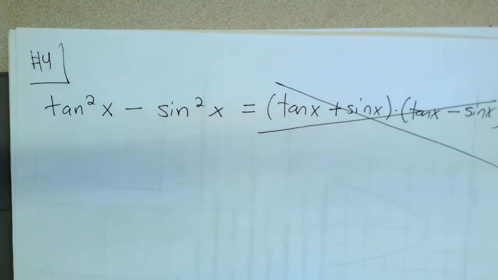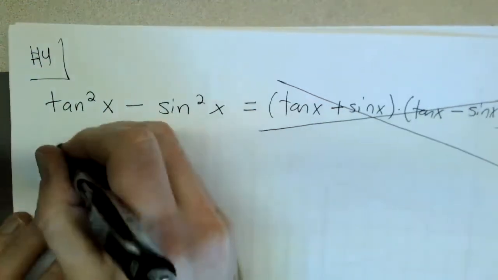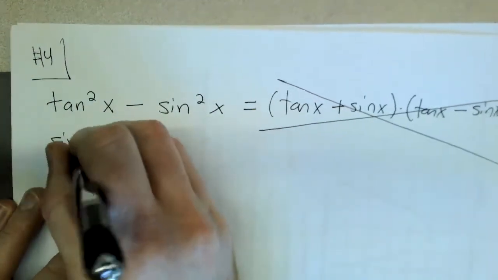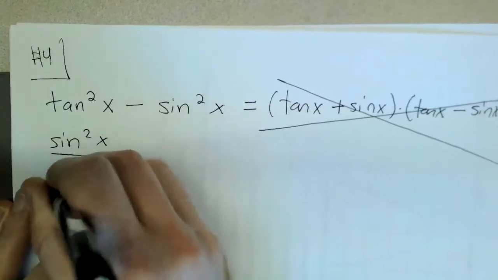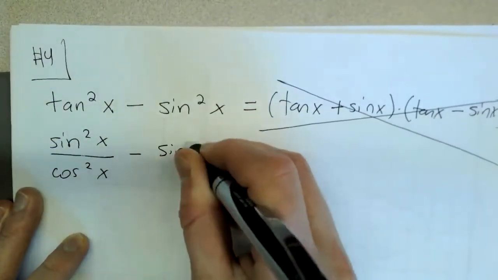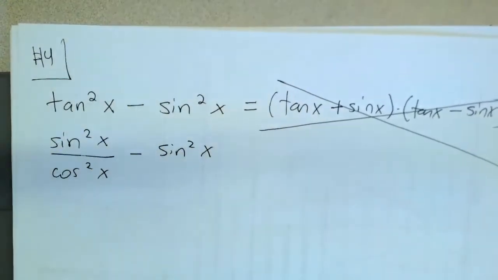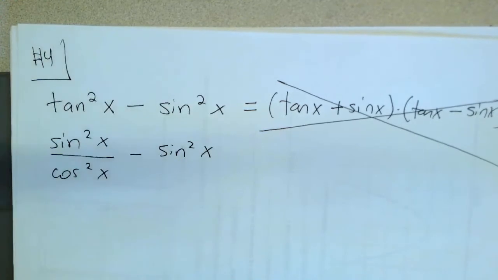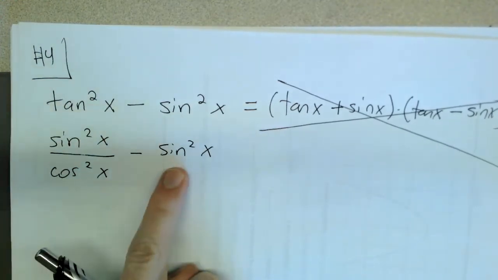Yeah, let's convert stuff to sines and cosines and see what happens. That's kind of what you do when you don't have any better ideas, which is a lot of the time. So tangent squared is sine squared over cosine squared minus sine squared. Well, I've got one fraction minus, well, you might argue that that's not a fraction.